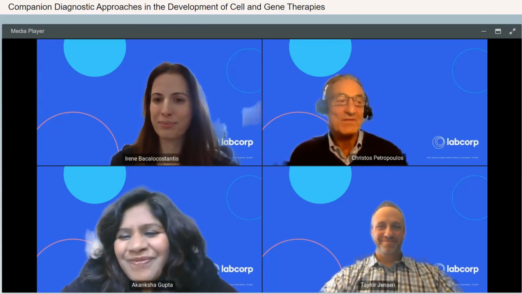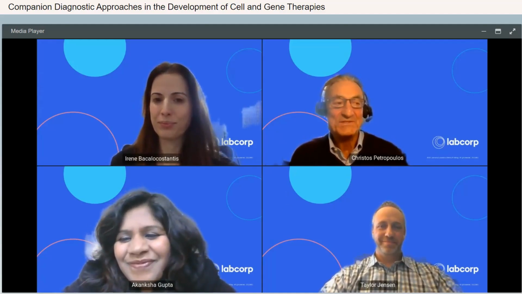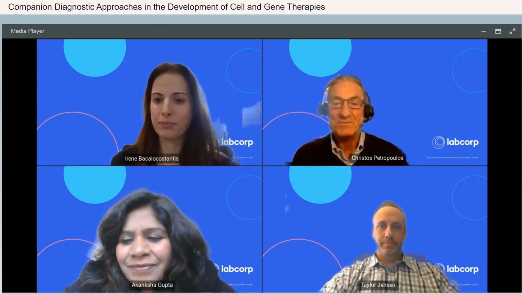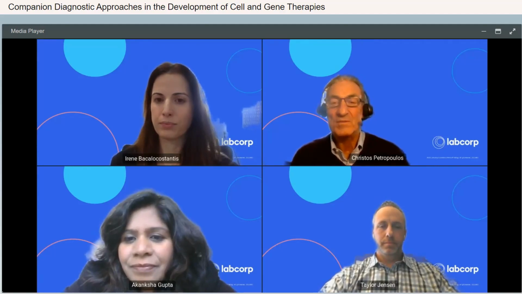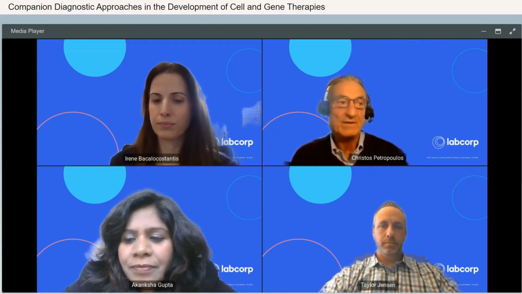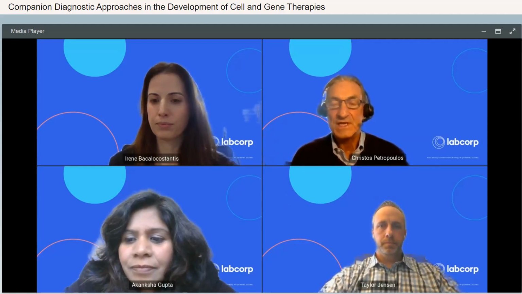There are cases where the asset has been in humans and there is some phase 1, phase 2 data. Oftentimes the number of patients who have been dosed is tiny, but you may get a glimmer. I think at this point, the default is to be fairly conservative. So really look at assays that are very sensitive for the detection of neutralizing antibody and begin there.